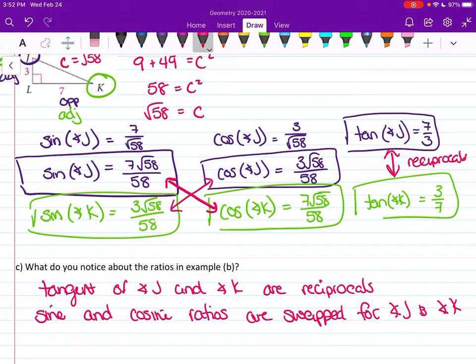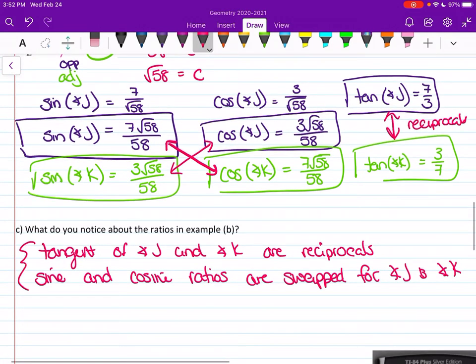Because if two angles are complementary, then they could be the two non-right angles in a right triangle. So these two facts are true for all complementary angles.